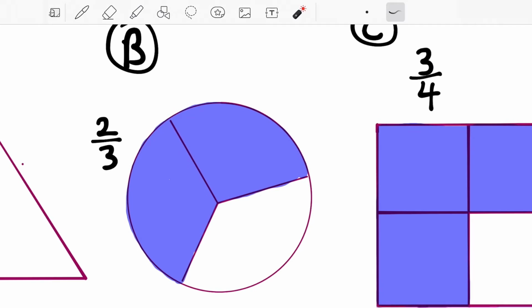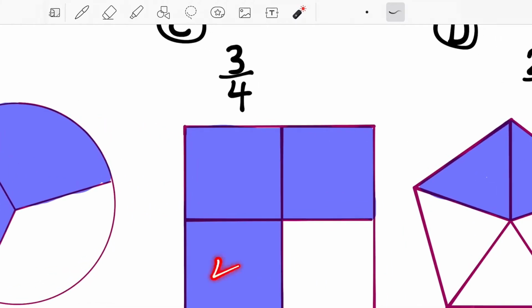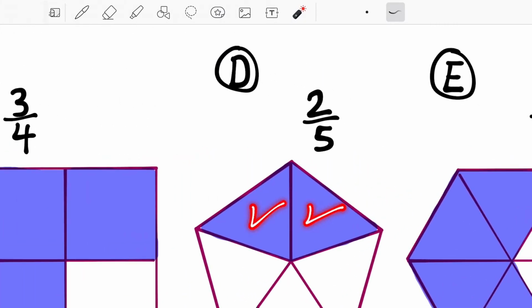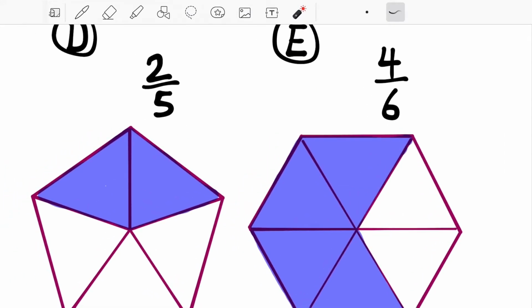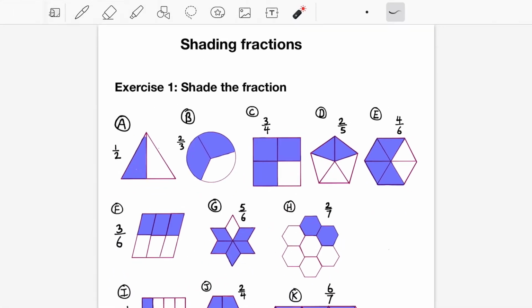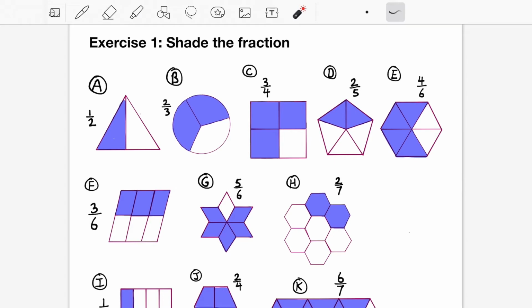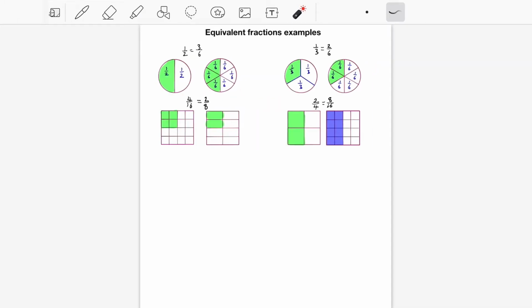Similarly, we are shading 2 out of the 3 parts for 2/3, 3/4, 3 out of 4 parts, D, 2 out of 5 parts, 4/6, 4 out of 6 parts. So you all have the idea. This is a really simple exercise. Let's go on to the other exercise.